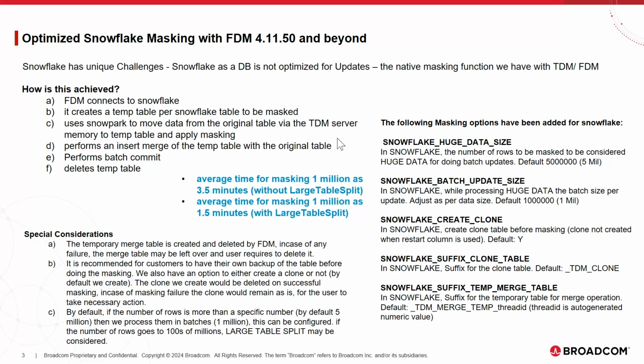So you have to be cognizant that in the case of a restart, you might have to manually delete or purge the temp table before you restart your masking. While it will still create another temp table if one already exists, it is a best practice to delete your temp table before you restart your masking.